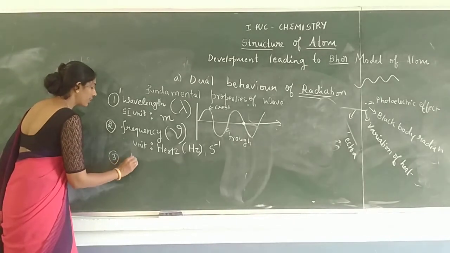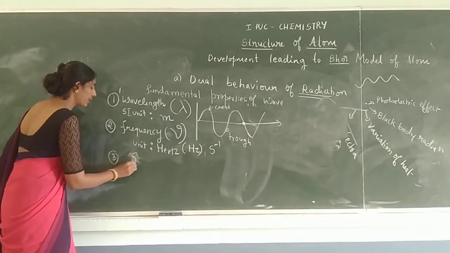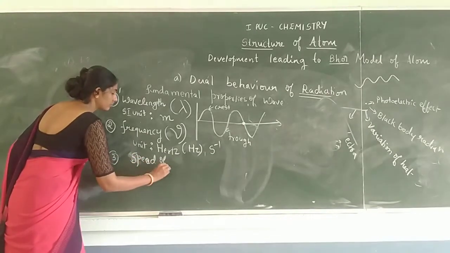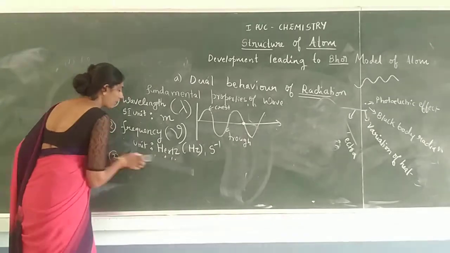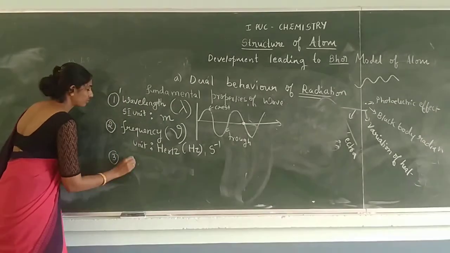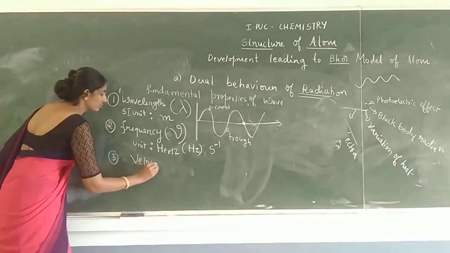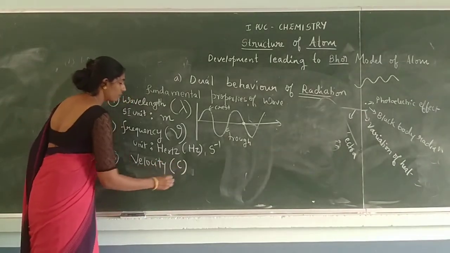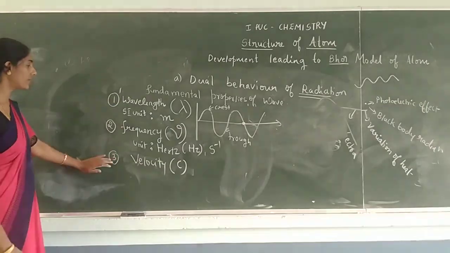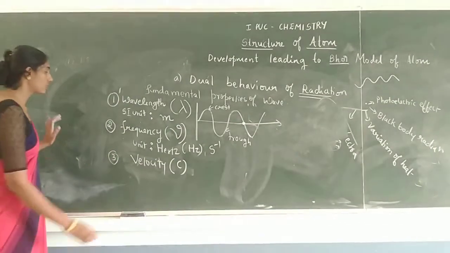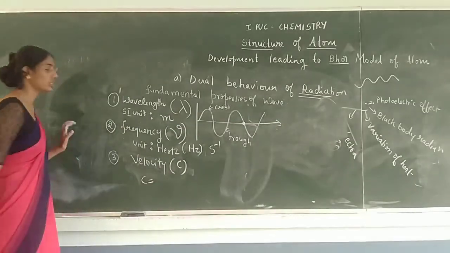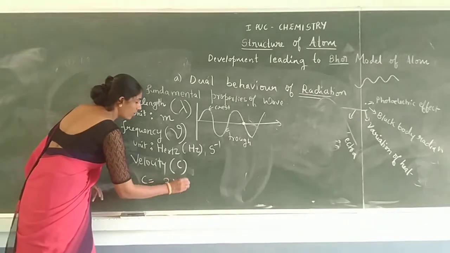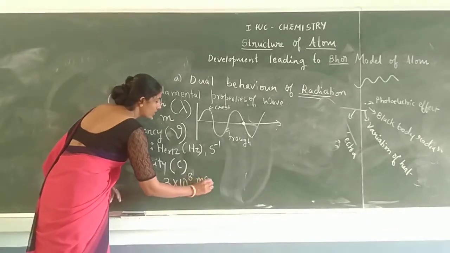And the third measuring term is the speed of light, that is, velocity. It is usually given by the symbol c. Remember, symbol c. The value of velocity is 3 into 10 to the power 8 meter per second.